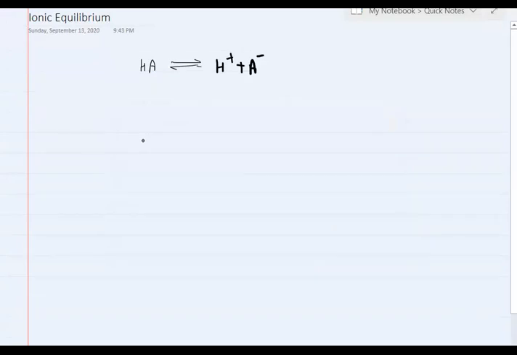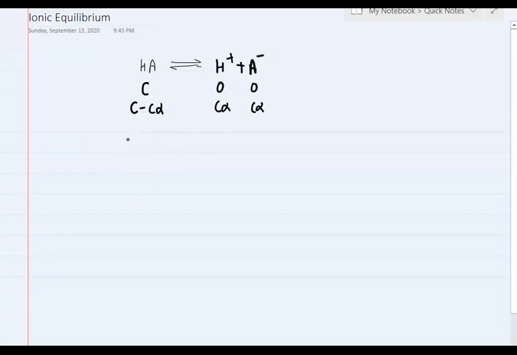Just remember the concept of chemical equilibrium. Suppose initial concentration of HA is C, then it will be 0, 0. At equilibrium, what will it be? It will be C minus C alpha, C alpha, and C alpha. Everyone agree with this?